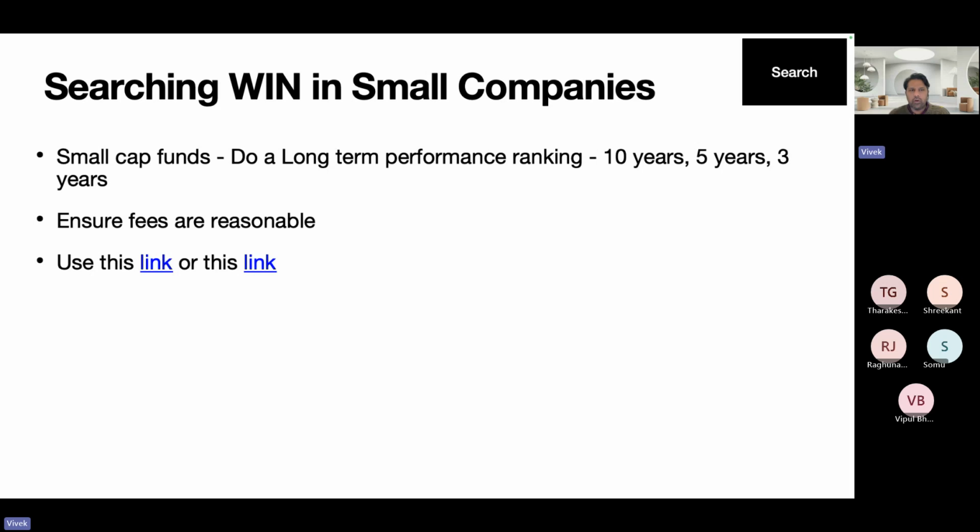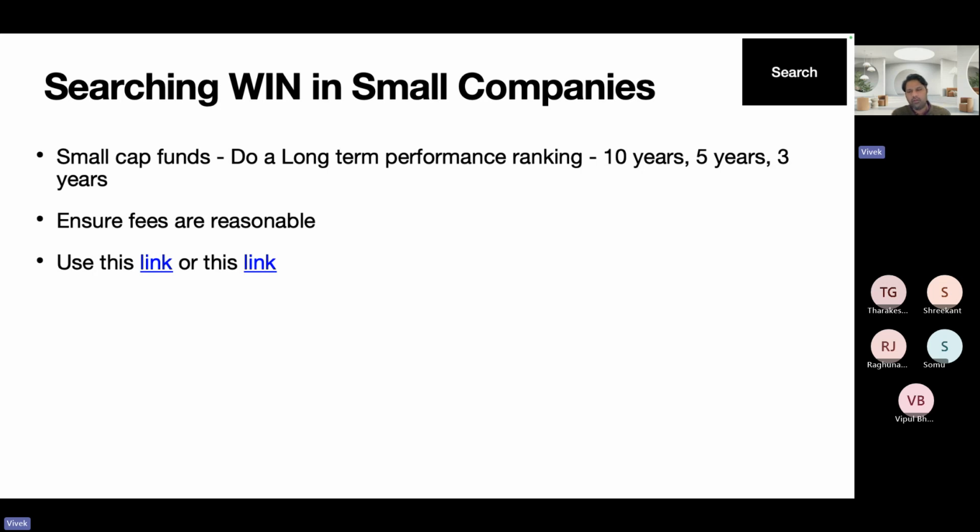The next that I looked at was what works in investing in small companies. In this, there are a lot of options available. So what we are looking at is small cap funds. Small cap funds are the funds which invest in small companies based on the guidelines given by SEBI. And what I did was I wanted to do a long-term performance ranking, 10 years, 5 years, and 3 years, of all the small cap funds that are currently available for investors.